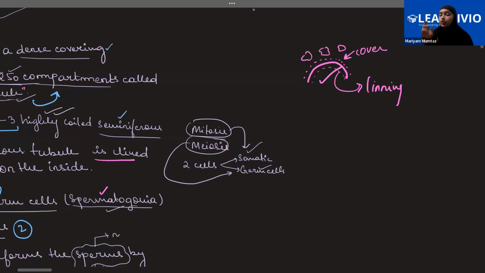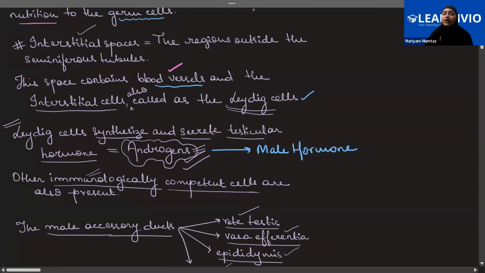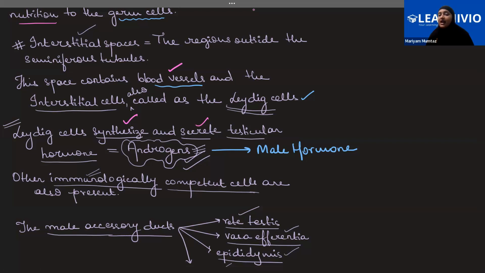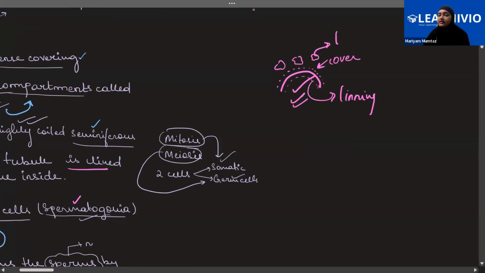Clear? So if we are talking about the formation of gametes, it is towards the inner side, isn't it? But right now we are going to see what is the function of the Leydig cell. The Leydig cells synthesize and secrete the testicular hormone, which is known as androgen. The male hormones are synthesized and secreted by the Leydig cells.